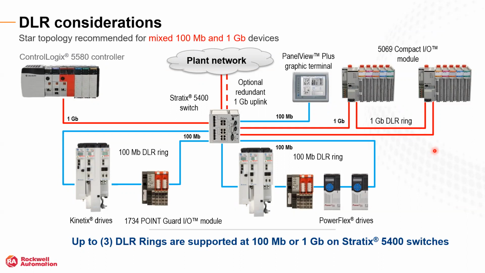And also some of our newer Ethernet cards and the Ethernet module in the L8 processor, those are all 1 gig out of the box. Again, copper is auto sensing, so it can also be connected to a 100 meg network. So this is just showing a traditional way of using 3 DLR rings off of one Stratix 5400. All right.